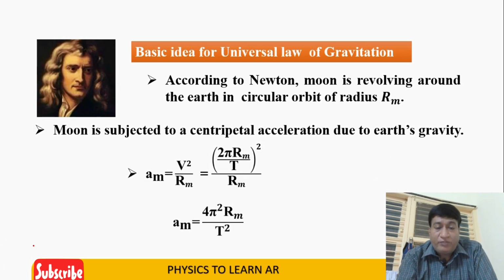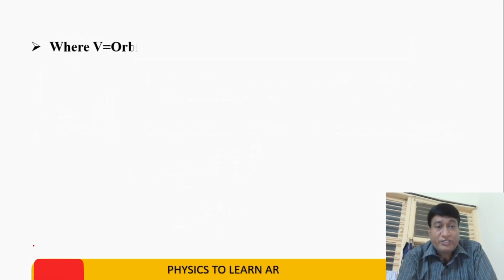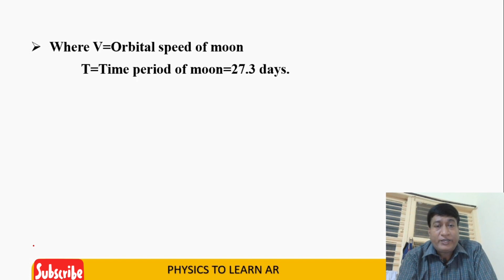Squaring, we get 4 pi square rm by T square, where rm gets cancelled, and we can continue, where v is the orbital speed of the moon and T is the time period of the moon, which equals 27.3 days.